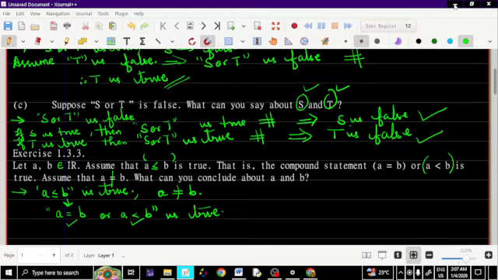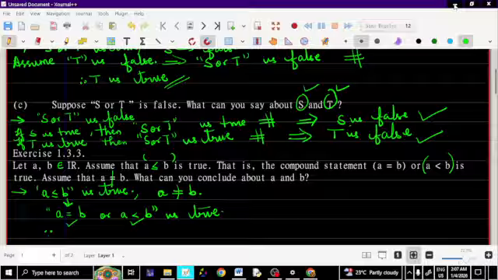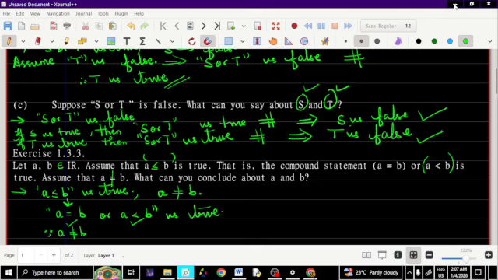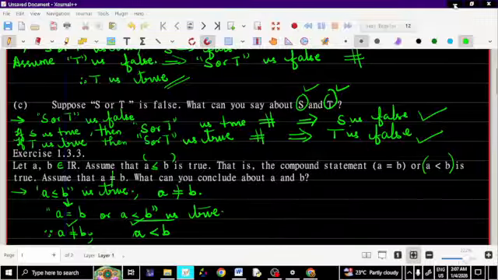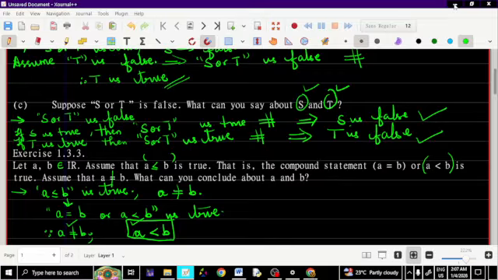But A is not equal to B. So A equal to B is a false statement. That's what is given. Correct? So what we can conclude about A and B is, since A is not equal to B, A will have to be strictly less than B. Because if A is not strictly less than B, then A less than or equal to B statement would be false. Right? So we can conclude that A is strictly less than B.